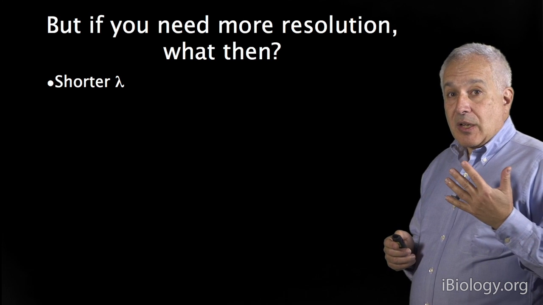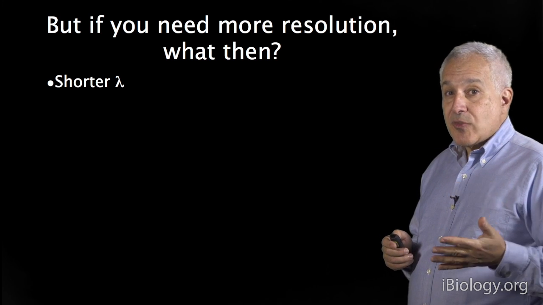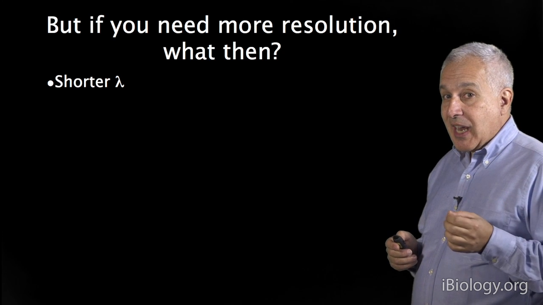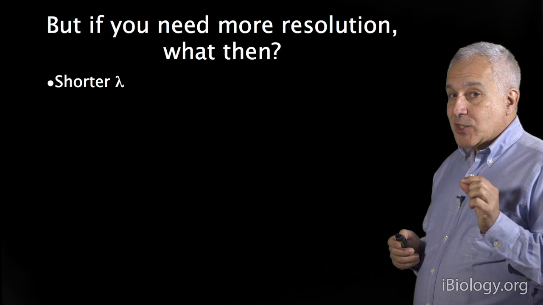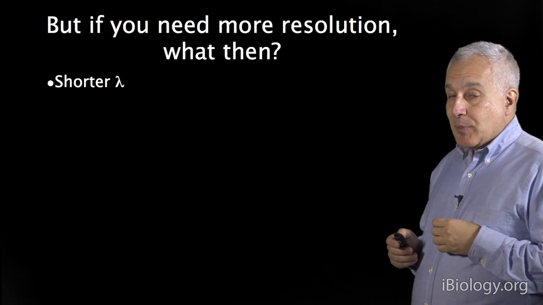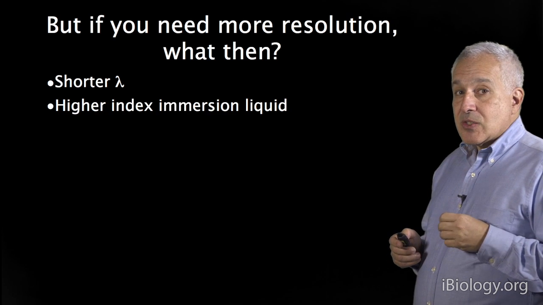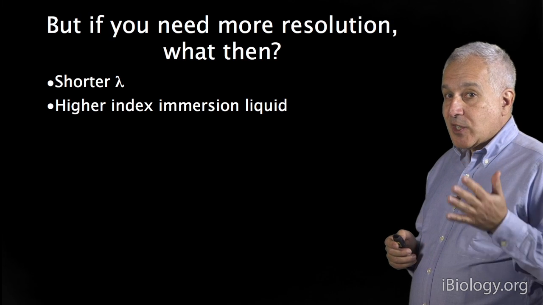One is you can go from red light to blue light or ultraviolet light to get higher resolution, because in 0.61 lambda over NA, as the wavelength gets smaller, the resolution of the point spread function gets tighter and you get better resolution. A second thing is if you're doing your work in air, you can go to water. And if you're doing it in water, you can go to glycerin.